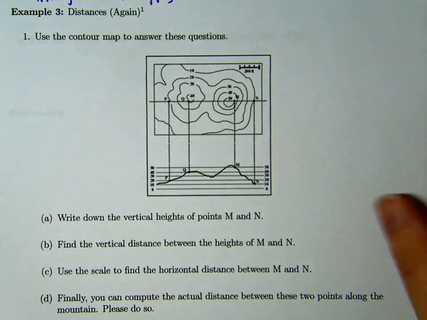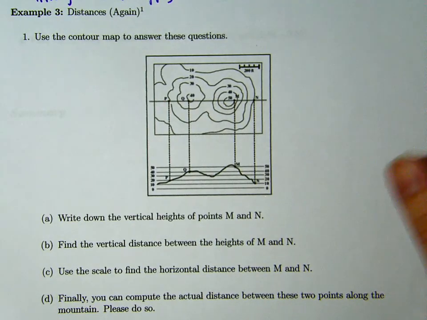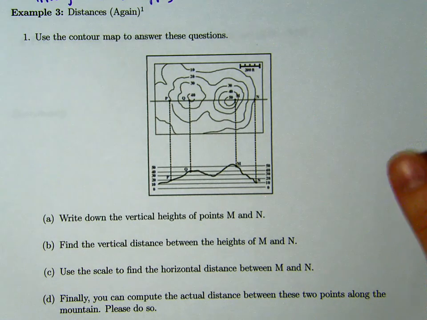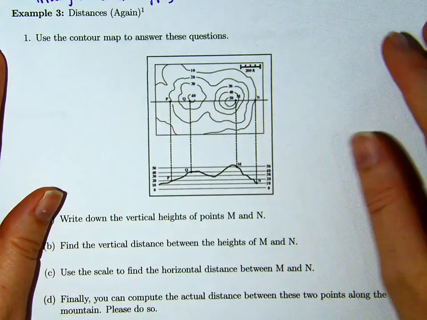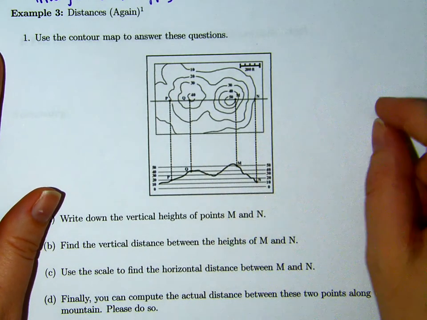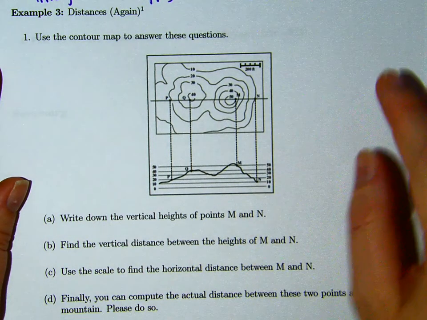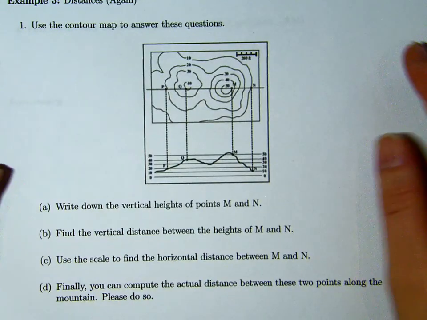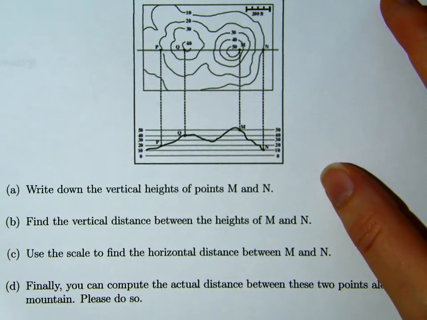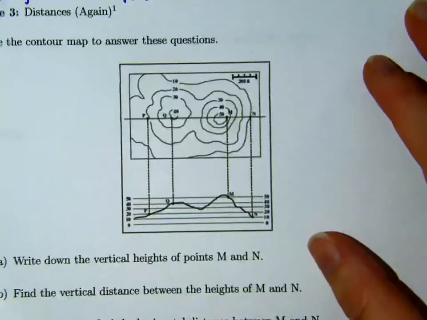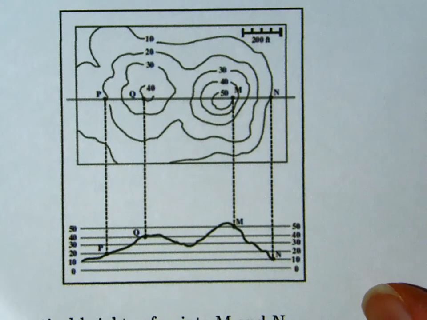Okay, let's find a bunch of distances now in some more meaningful situations. Number 1 says use the contour map to answer these questions. Done. Before I begin, I just want to look at a few of these things.